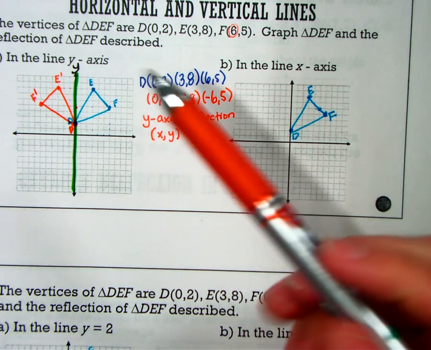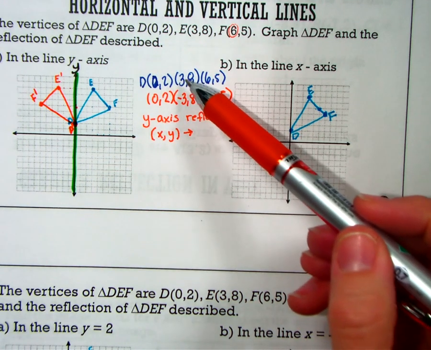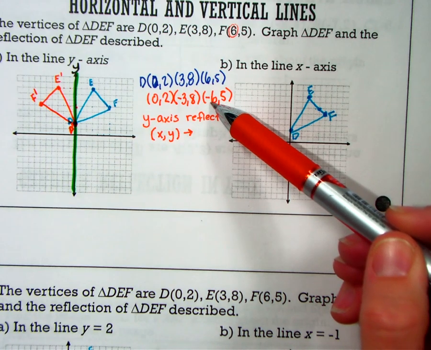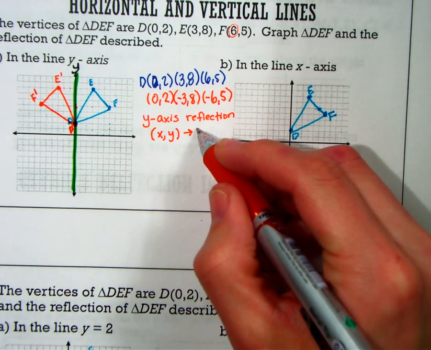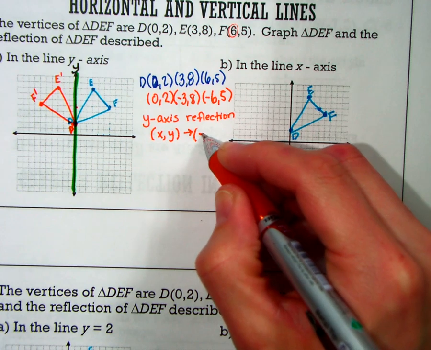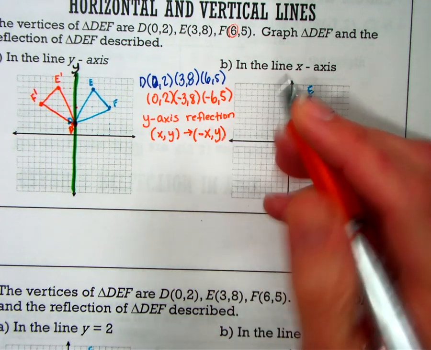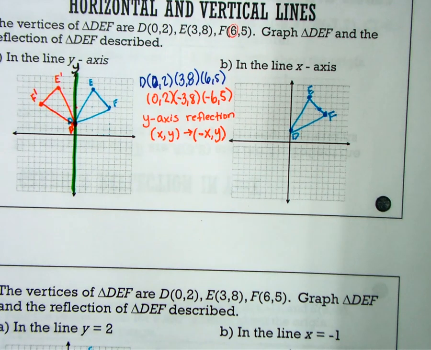Did you see what changed? Yeah, the x changes to negative. So all I'm going to change when I reflect over the y-axis is the x coordinate. That's the rule. There it is, in all of its beautiful glory. Do you need that rule, or can you just count?